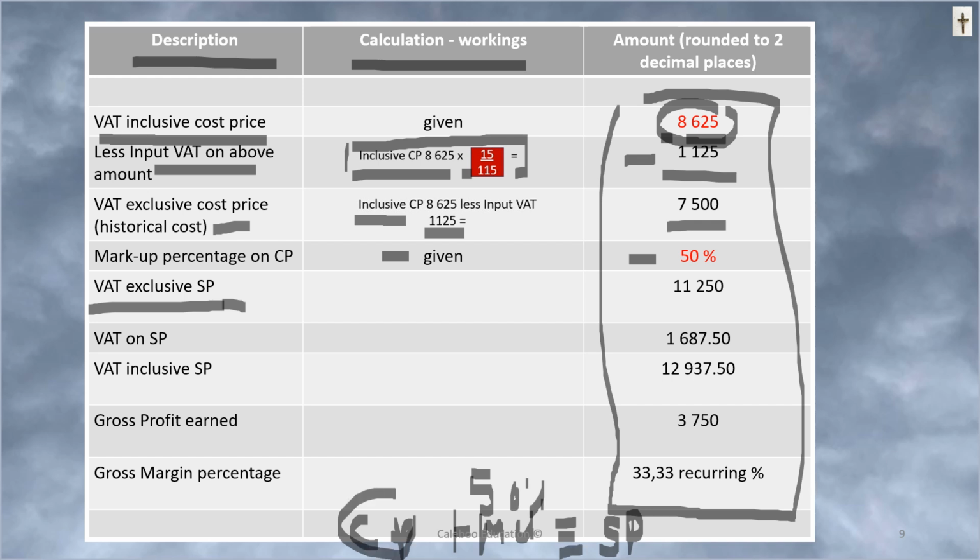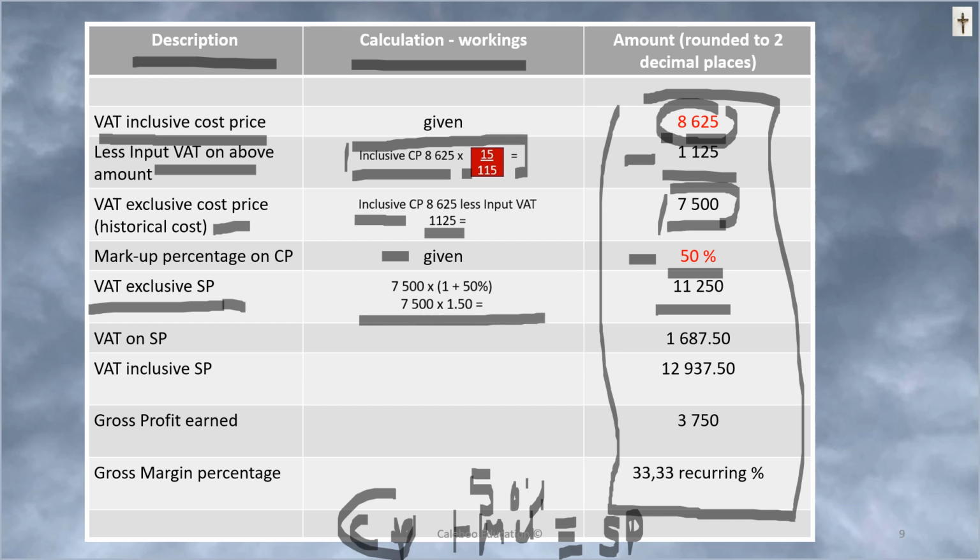So what is the selling price? The cost price is 7,500. Remember, this calculation here is done exclusive of VAT. So what is the selling price excluding VAT when the markup is 50% on the cost price?